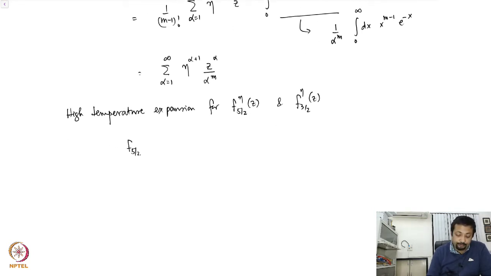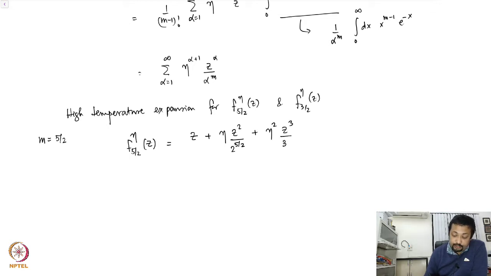So f of 5 half eta of z means m is equal to 5 half, and if I put alpha equal to 1, I have eta square z plus eta z square divided by 2 to the power 5 by 2 plus eta square z cube over 3 to the power 5 by 2 plus higher order terms.